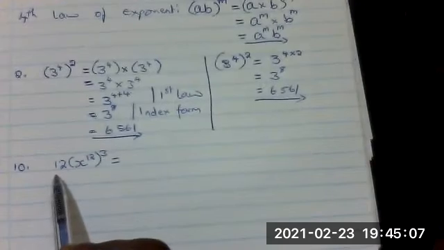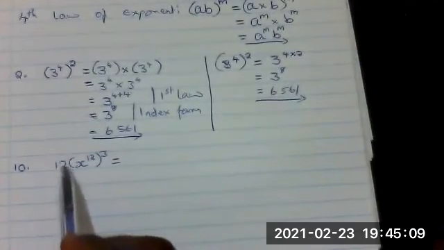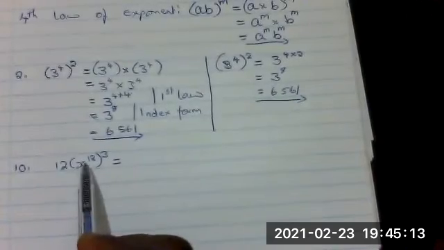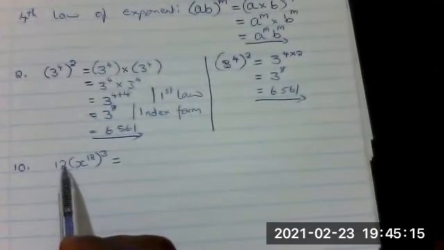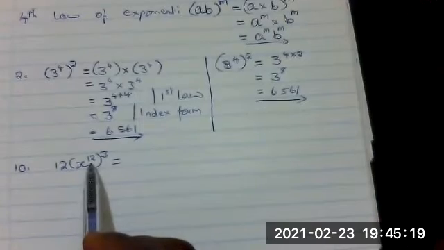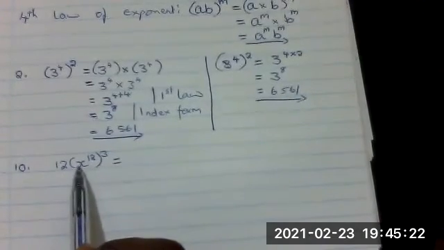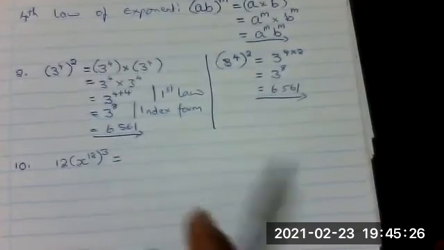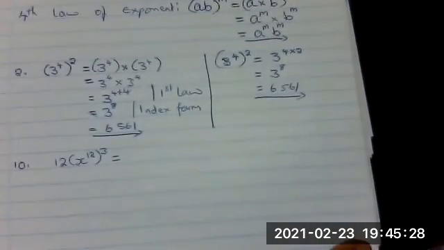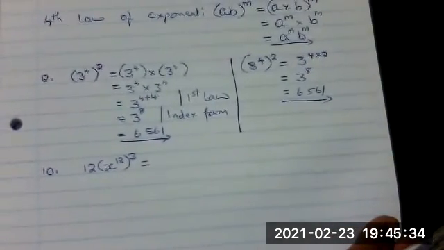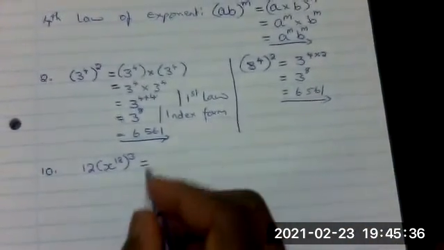There is no other exponent on 12, right? Since it is outside the bracket, the 12 is not affected by the cube. So x is the number that has more than one exponent, which means we are going to use the third law, right?